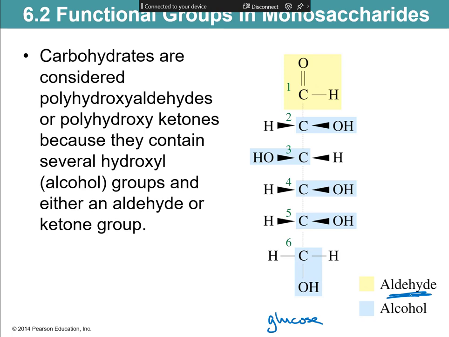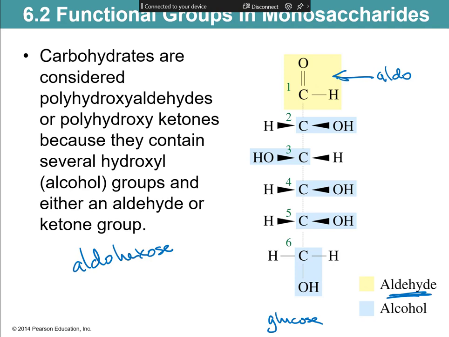Because it has an aldehyde, they call it an aldohexose. The aldo part is because it has that aldehyde. So if you see the term aldohexose, you know it's a 6-carbon sugar with an aldehyde group on the end.